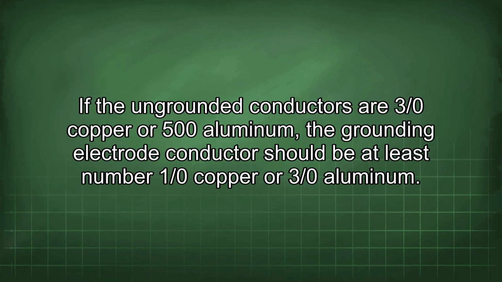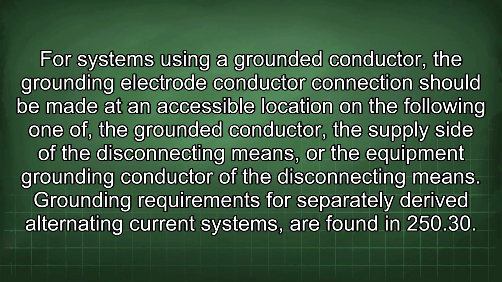If the ungrounded conductors are 3/0 copper or 500 aluminum, the grounding electrode conductor should be at least number 1/0 copper or 3/0 aluminum. For systems using a grounded conductor, the grounding electrode conductor connection should be made at an accessible location on one of the following: the grounded conductor, the supply side of the disconnecting means, or the equipment grounding conductor of the disconnecting means.